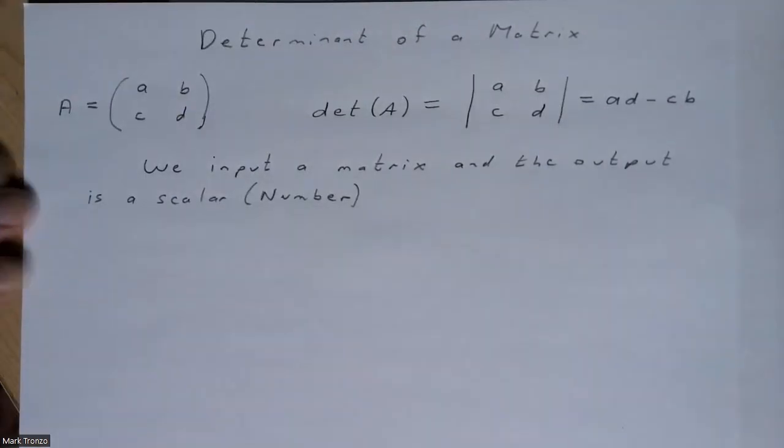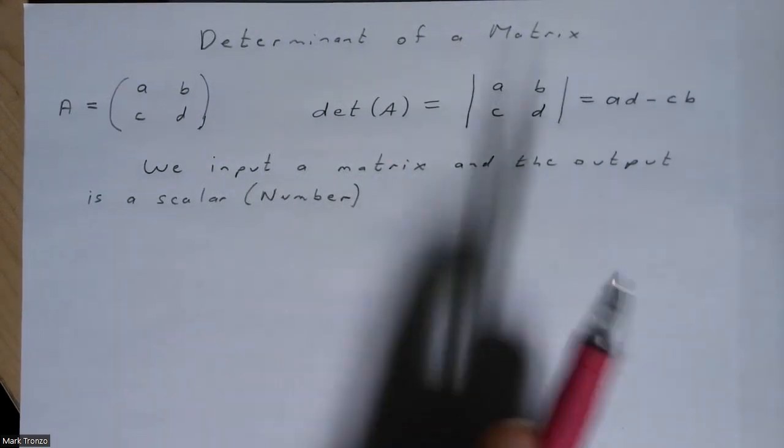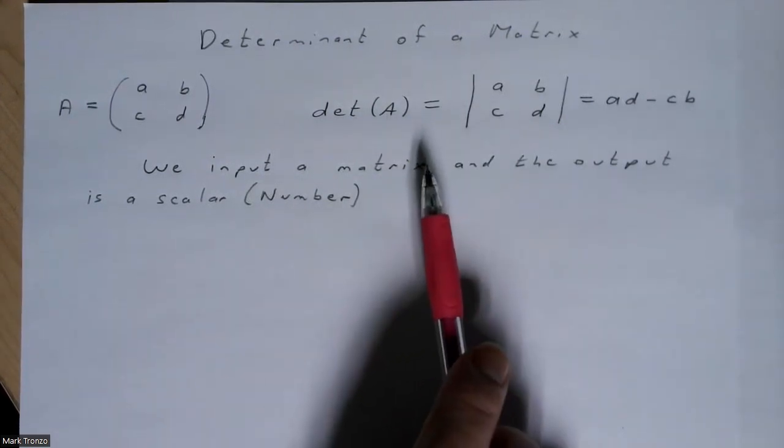And of course, the scalar is just a number. So that's how we calculate the determinant of a 2x2 matrix.